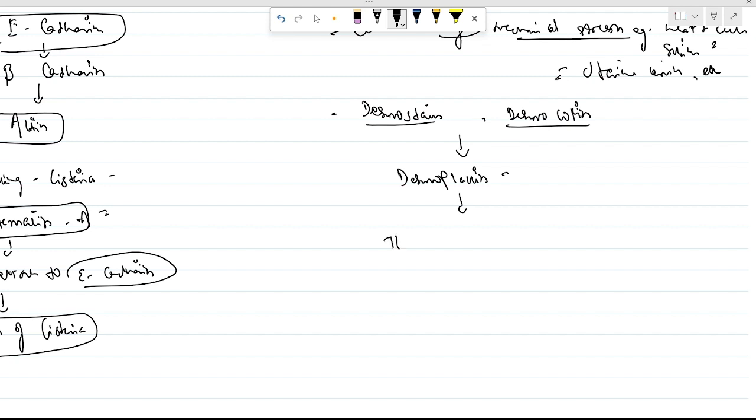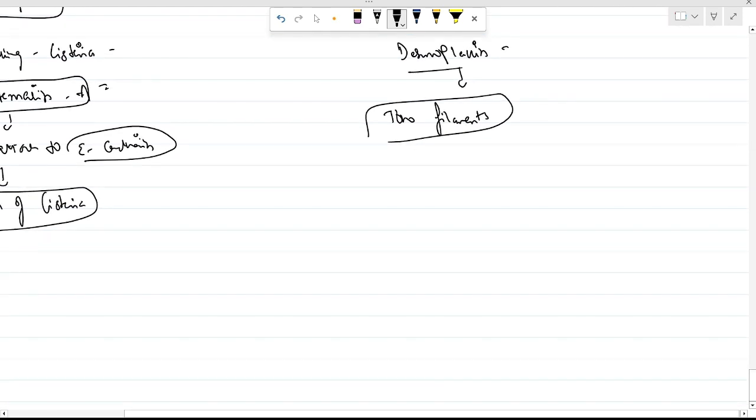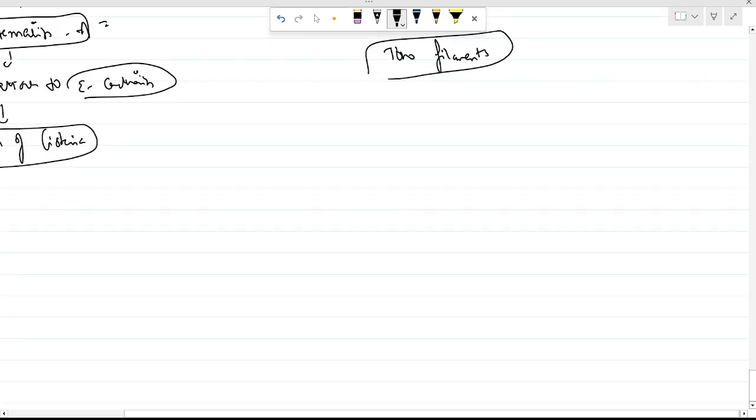An example is the tonofilaments. So this is the arrangement of the three proteins in the desmosomes.